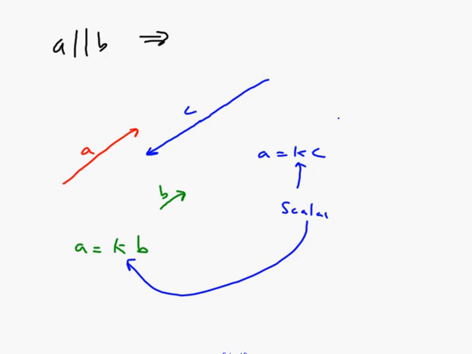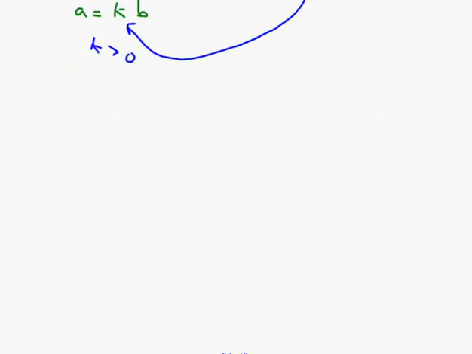In this case, what do you know? k must have been less than 0, because the vector C is pointing in the exact opposite direction. Over here, k must have been greater than 0. Either way, that's the case. All right. So A equals k times B. So if we think about our determinant definition, what do we know?